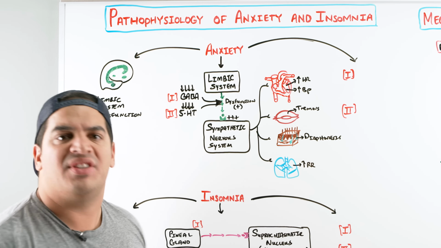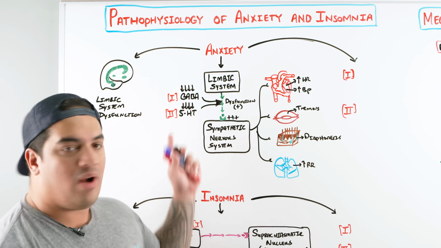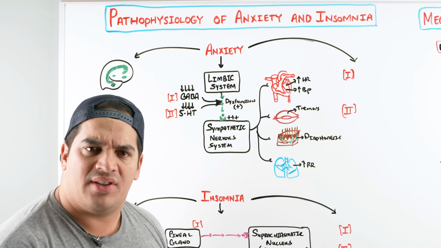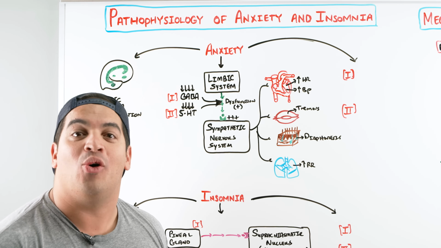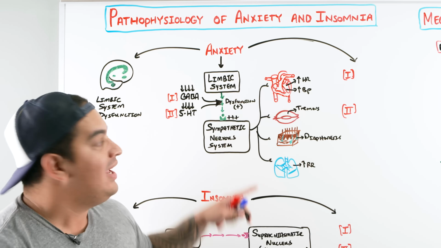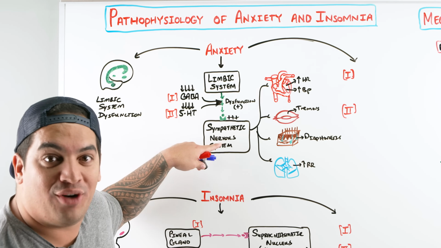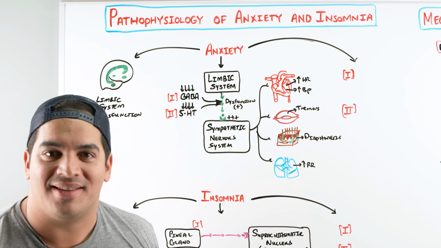All of these things are physical symptoms or features of anxiety, and that's really the crux of this disease. So anxiety is limbic system dysfunction characterized by low amounts of GABA activity and low amounts of serotonin activity. That leads to dysfunction of the limbic system and then hyperactivates the sympathetic nervous system, which leads to all of this fear and apprehension response.